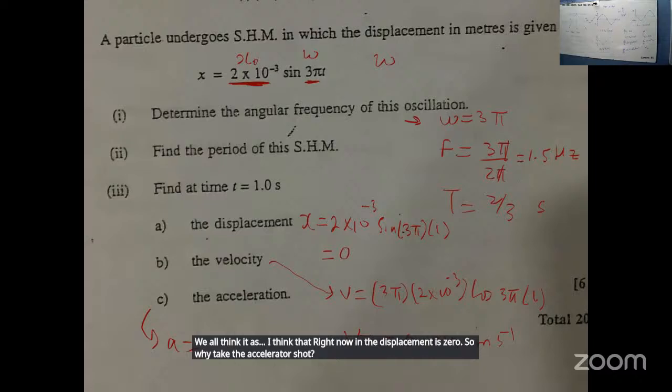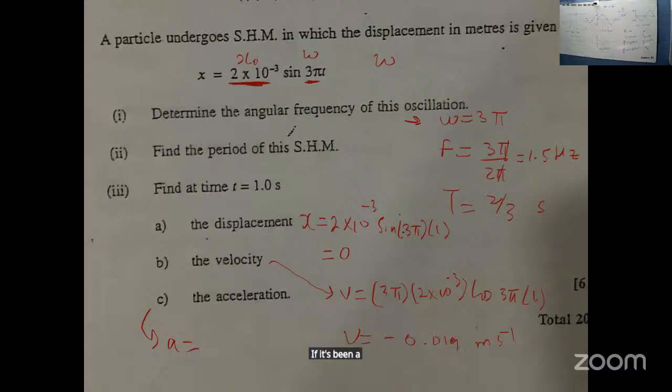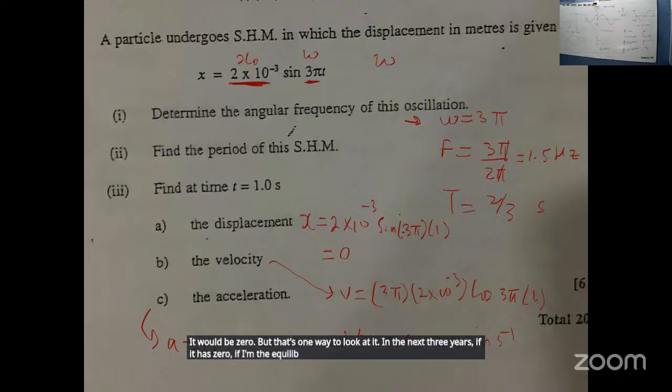It's 0, because if the displacement is 0, then 0 over the effect will be 0. But that's one way to look at it. The next way is that it's at the equilibrium position, and acceleration is 0 there. That might be better.